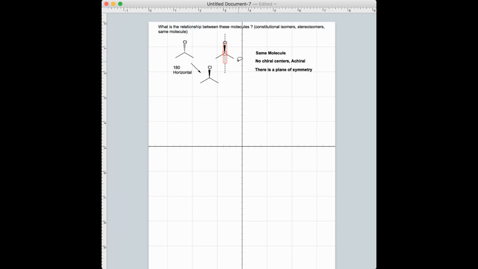And lastly, you can also look for an element of symmetry in the molecule, in this case a plane of symmetry dividing the molecule in 2 sides, the left side being the reflection of the right side. So that reinforces the idea of the molecule being achiral. Okay? So let me give you another problem.